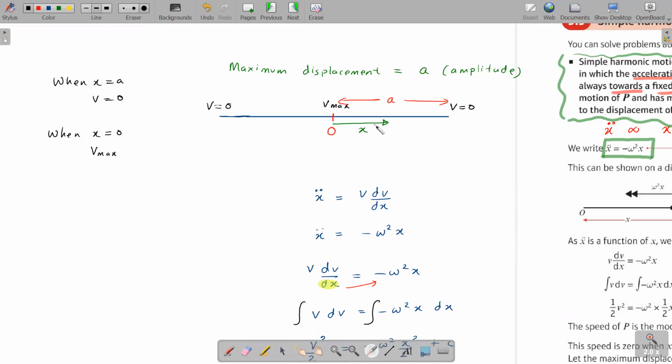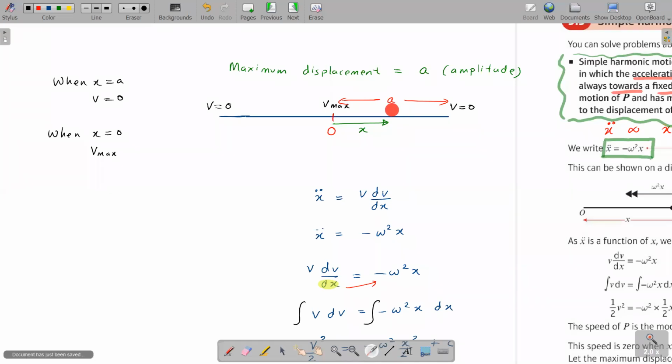Which means the higher the displacement, the higher the acceleration, which means where do you find the maximum acceleration? Guys, where do you find the highest acceleration? Because it's not a constant acceleration. Your acceleration will vary. You will find the highest acceleration at the maximum displacement.